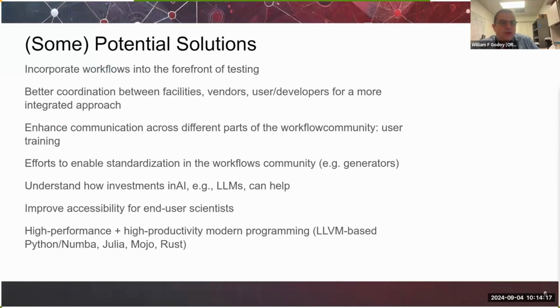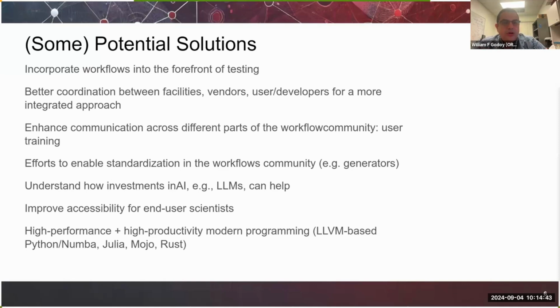So, we then discuss some potential solutions, but these are mostly part of our brainstorming, and we want to hear from you in the breakouts. As mentioned, the list: incorporate workflows at the forefront, not only in testing, but in the system design and the whole business of deploying HPC systems. As Steven mentioned, we need better coordination.